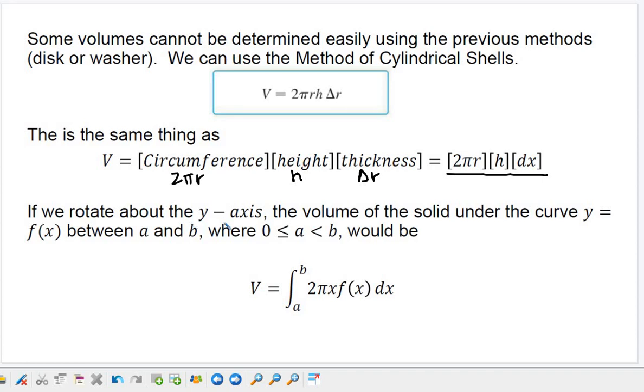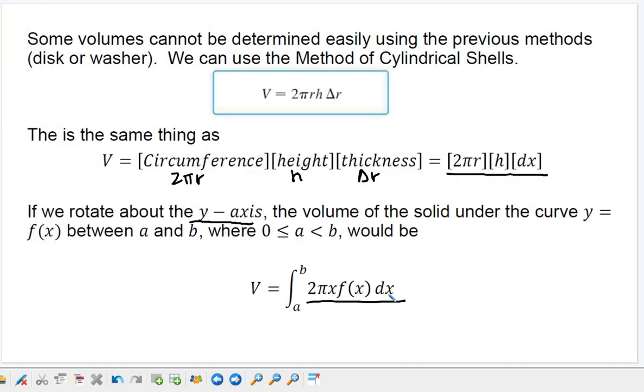So if we rotate about the y-axis, the volume will be in terms of x. If we're rotating around a vertical line, then your formula should be in terms of x, where the function is your height, and then, of course, dx, the delta x, is your thickness, the change in x.